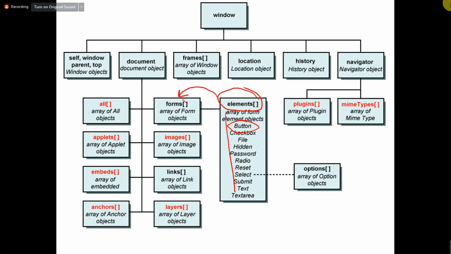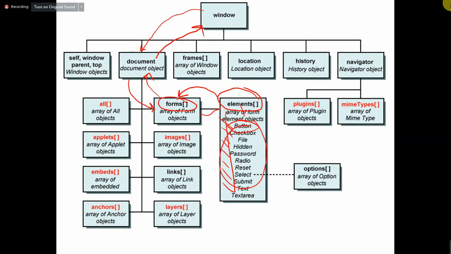Forms is also again a collection, and forms is present in document, present in window. That means what is the hierarchy of button? The parent is window, in the window document, in the document forms. Forms is an array, in the forms elements is again an array, in the elements we have button. This is not in order. All are present in elements.